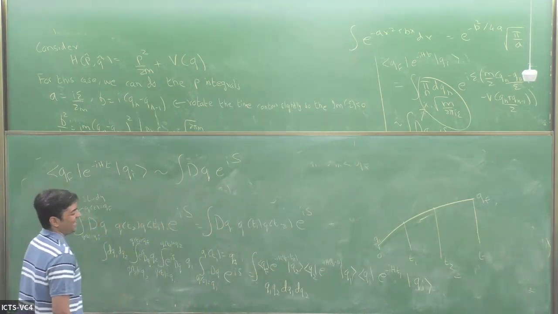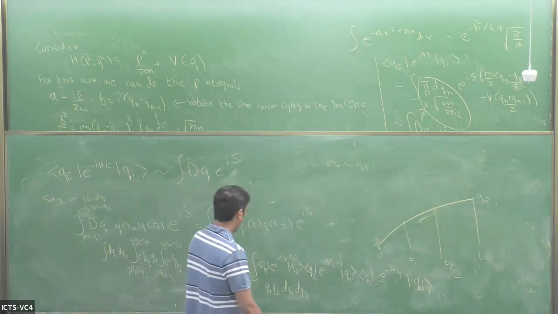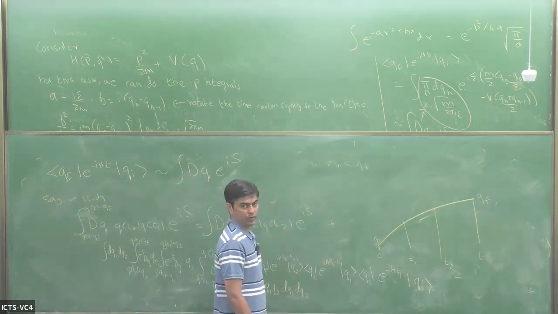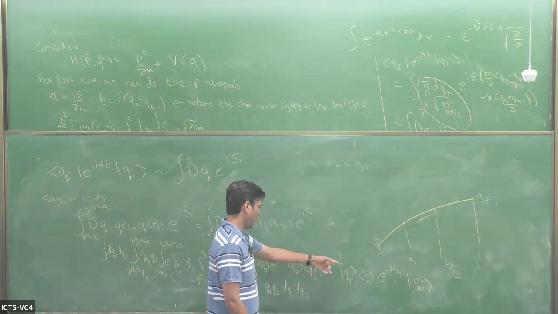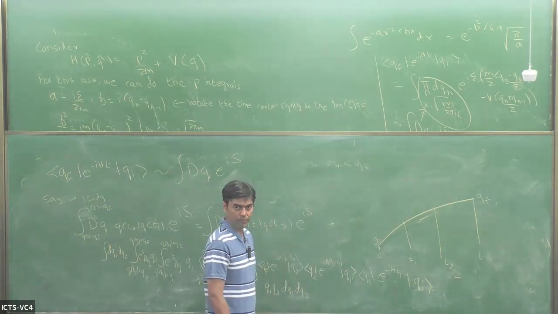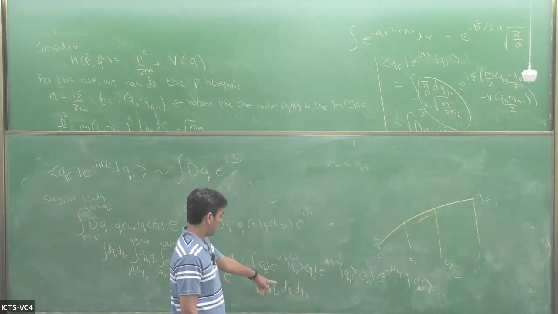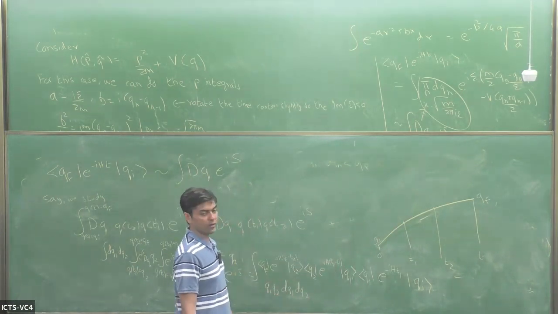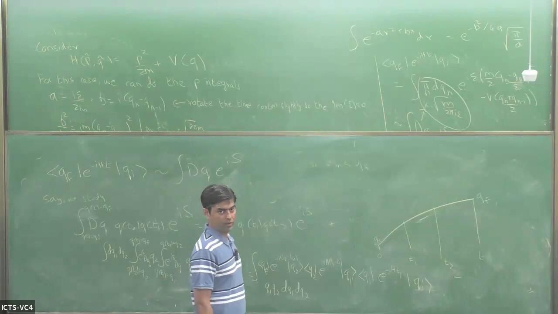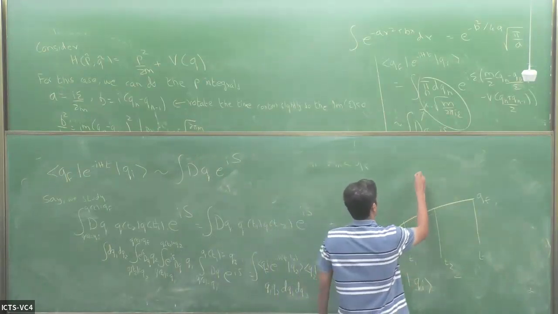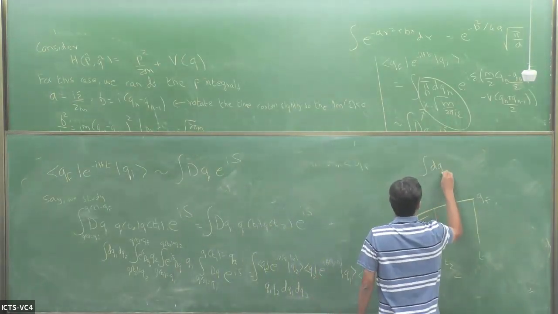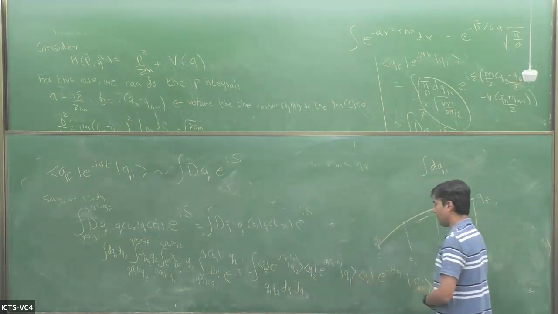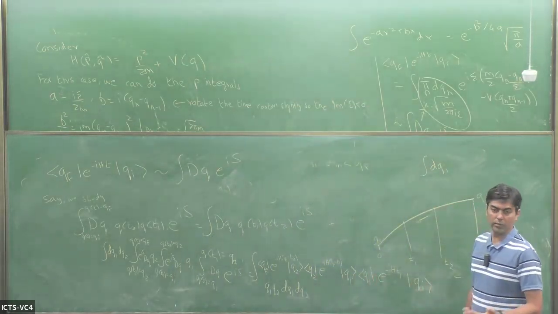Now remember, what is this integral that you have here, the integral of q1 times the projector on q1? This is just the operator q1 hat. In the path integral, you naturally end up with these operators in the Schrodinger picture.